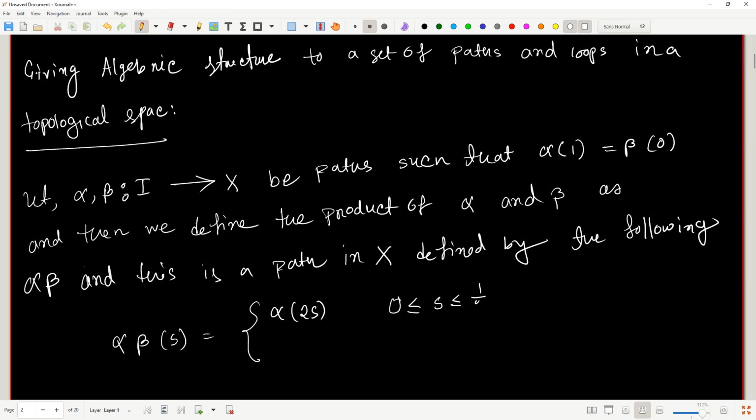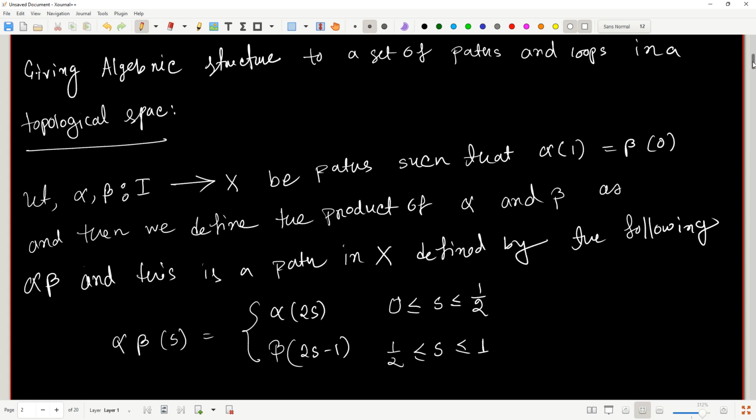So I want to break the interval in half and put a 2 in front of s over here, and then beta is just 2s minus 1, and it will range from 1/2 of s to 1. And if I do that, then this is actually a continuous map, and from here we are giving them a product structure. So we are almost close to giving this an algebraic structure as well.